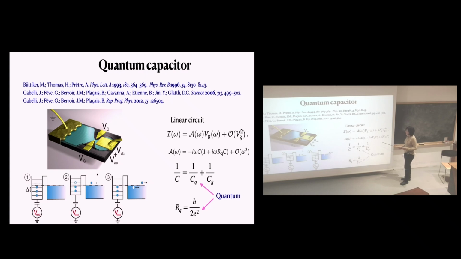In this problem, it can be seen that the capacitance contains two components, one which is purely quantum and another which is the usual geometric capacitance.